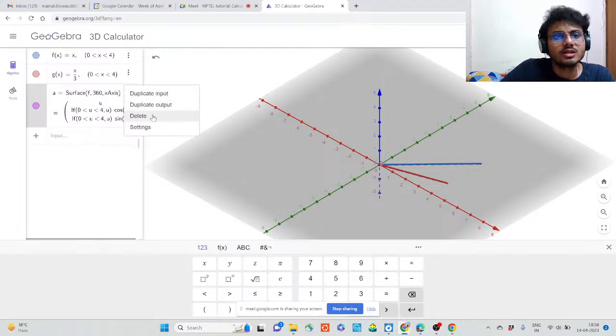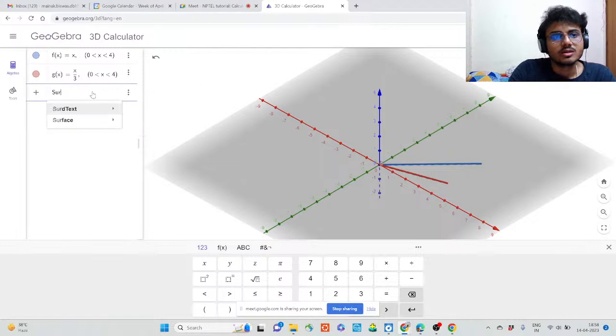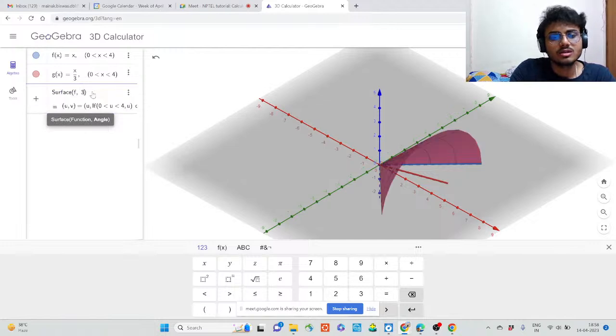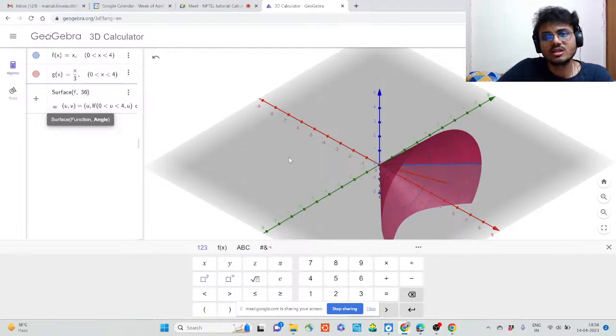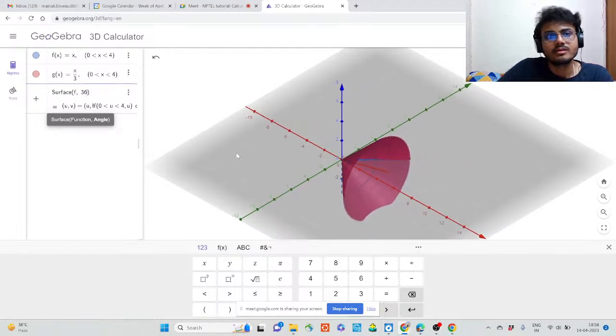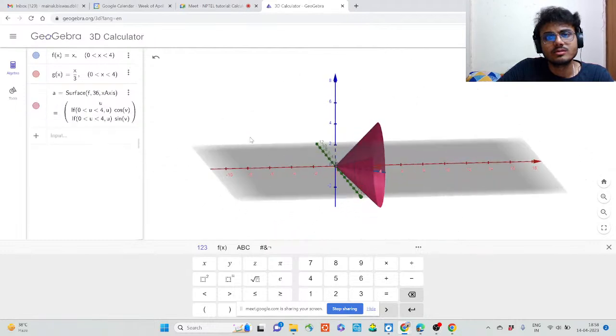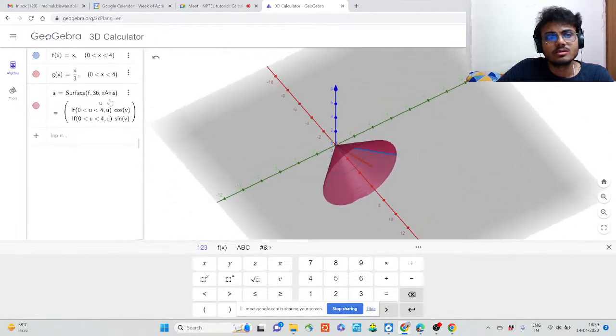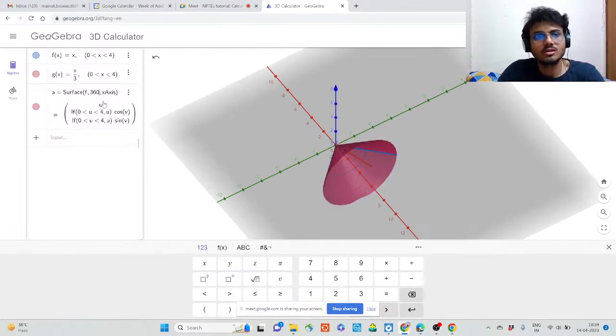Let's delete it again. Surface function and this, so f comma 360. Now it's okay.